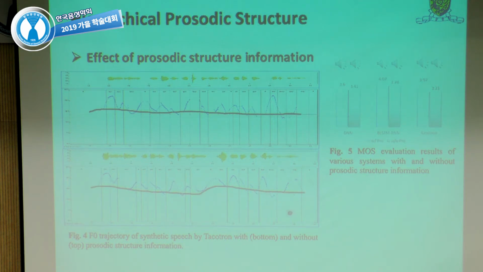This figure is showing the pitch of the speech that is generated with the model using prosodic structure. And you can see that we can observe the restart in the pitch contour.